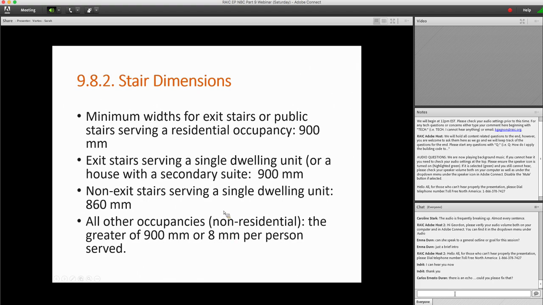For non-exit stairs, so this would be mainly referring to internal stairs within a single dwelling unit or a house, the requirement is for 860 millimeters width. For all other occupancies, you need the greater of 900 millimeters or 8 millimeters per person based on your occupant load. So if you have a larger occupant load, then you would need to comply with perhaps a larger stair or multiple stairs.